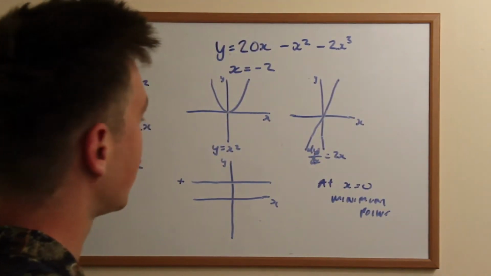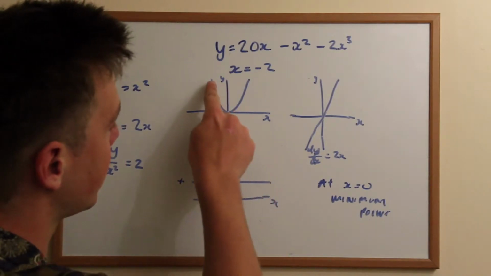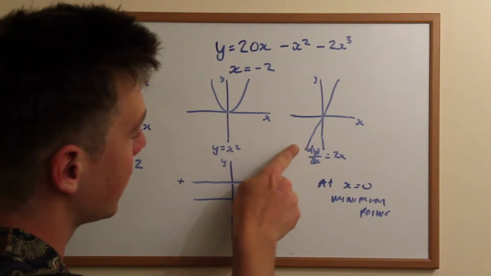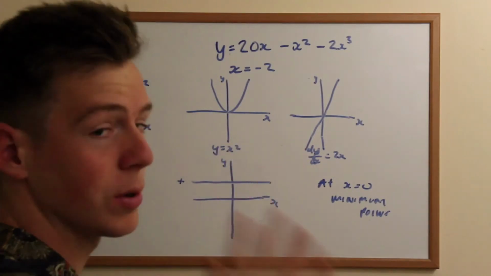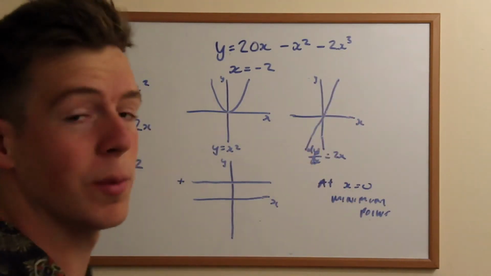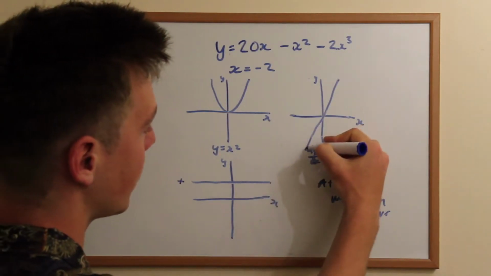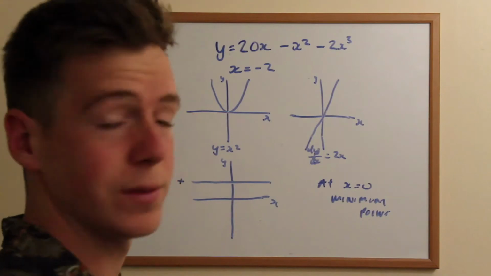So if you're going from a negative gradient to a positive gradient, it means that the gradient of the dy by dx graph would be positive, right? Because it goes up from the negative through to the positive.